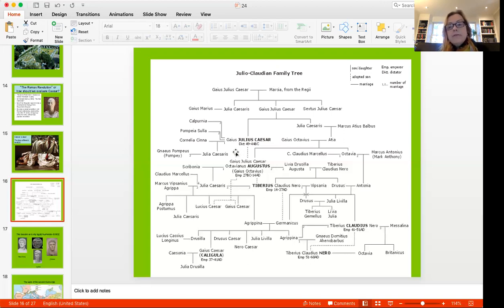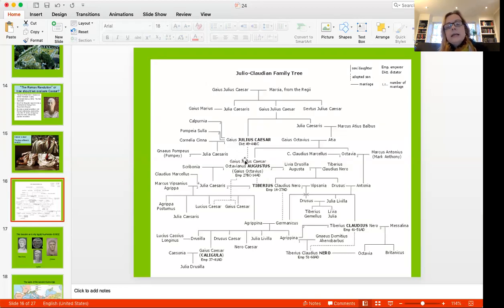But an important aspect of this whole family tree that we should understand is that Julius Caesar did not have a legitimate son. And he had a legitimate daughter. However, she did not have any surviving offspring. So that means that he had another tool, though, for his family to inherit power, and that was adoption.